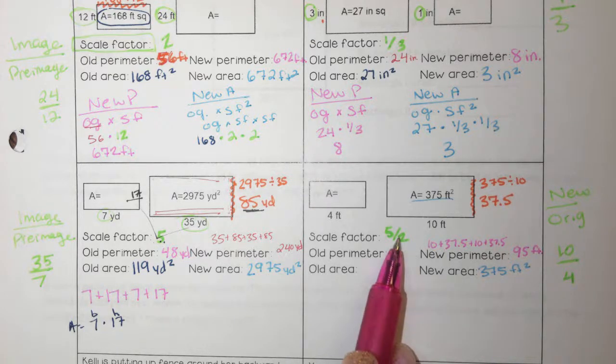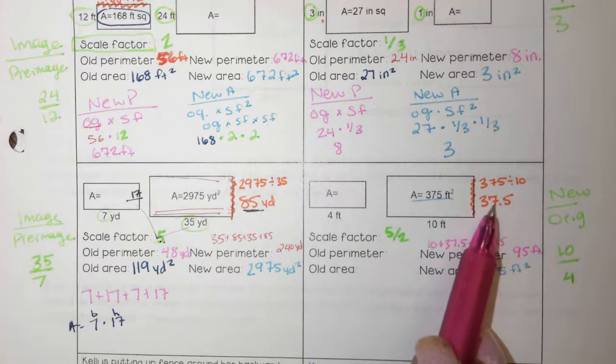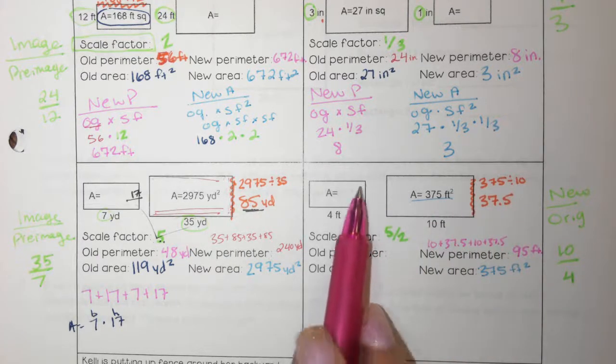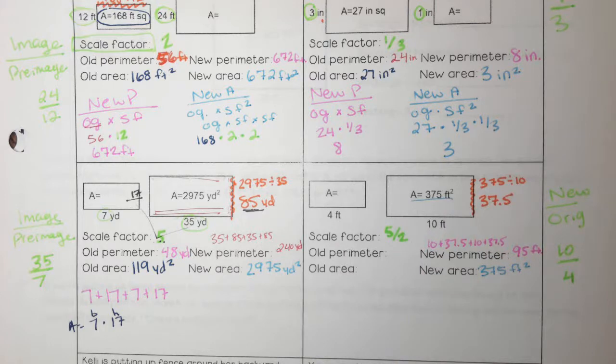We're going to use the scale factor to work backwards from 37.5 to find the original corresponding side length.